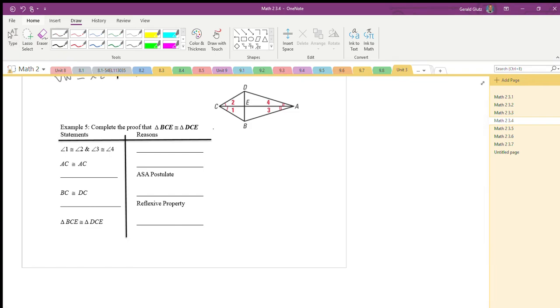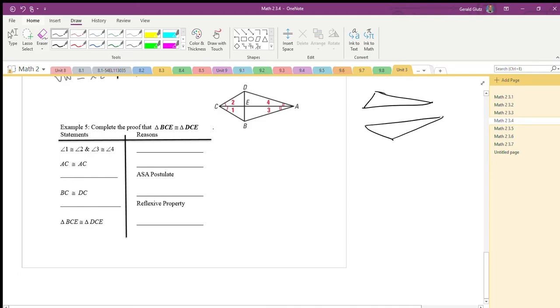Finally, example 5. So it would help if I kind of drew this so it's not all together here. So they gave us that this and this is congruent, and then this and this is congruent.